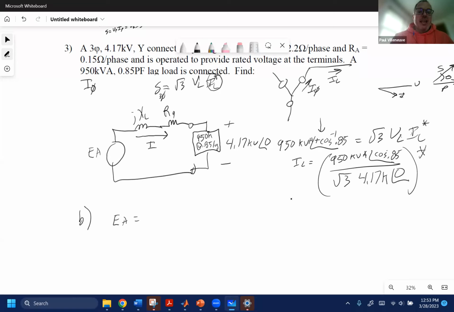So my EA is equal to 4.17 K at an angle of 0. Keep in mind, this is Y connected, so this has to be divided by the square root of 3, plus my current IL times RA plus JXL.